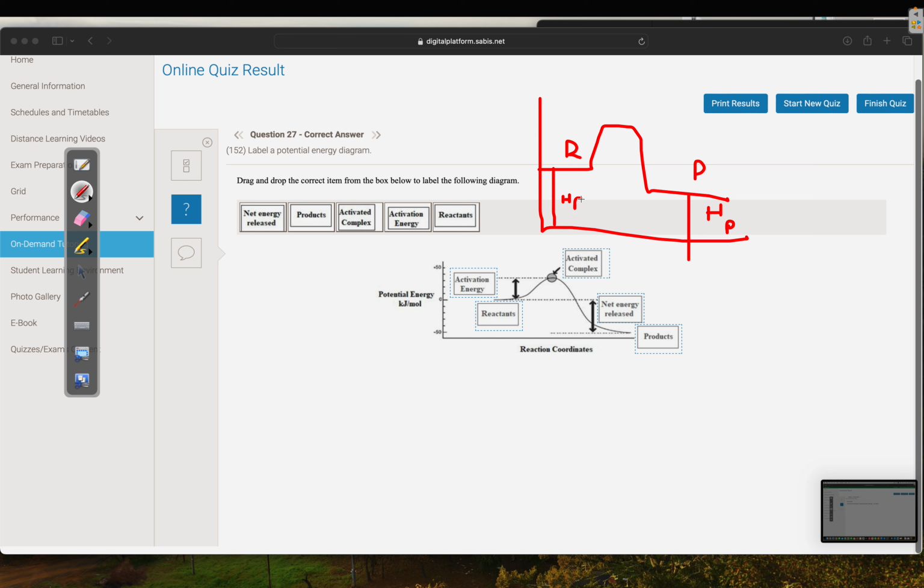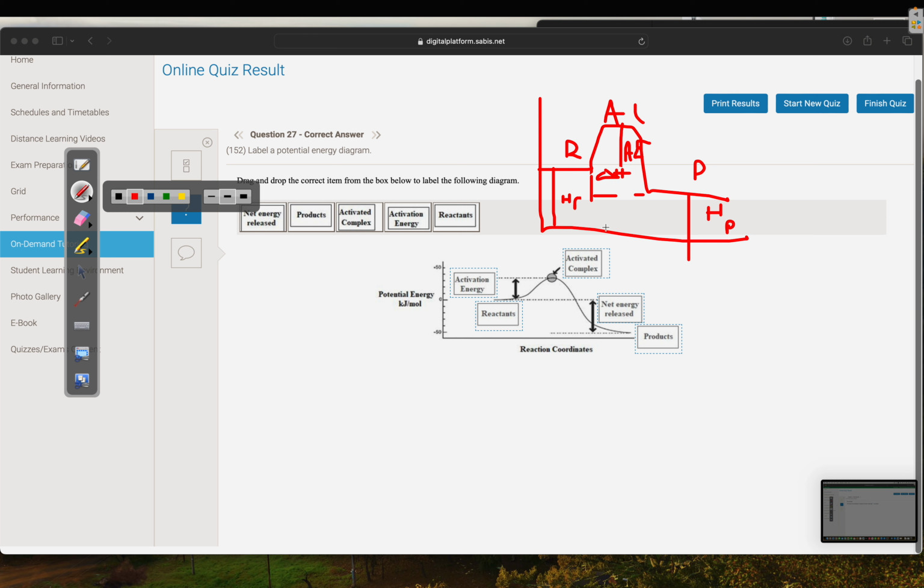Here we have activated complex, and this line is activation energy. Let me draw the dotted line, and this is delta H.